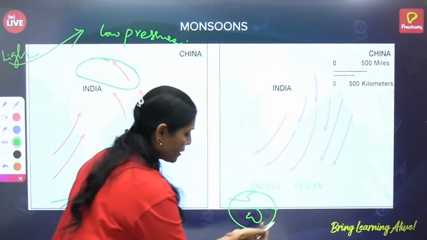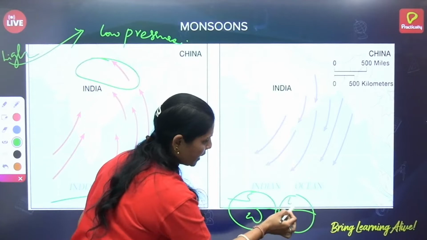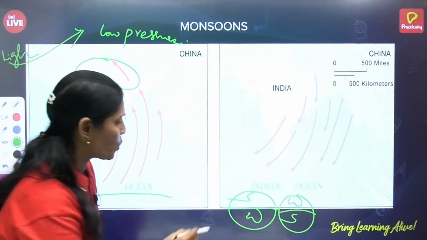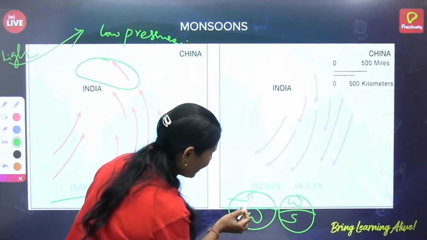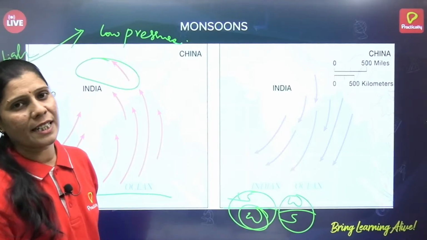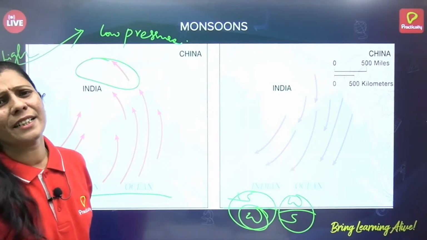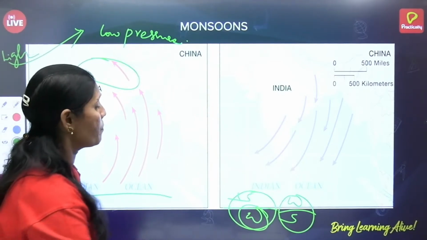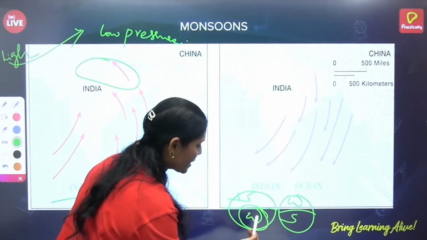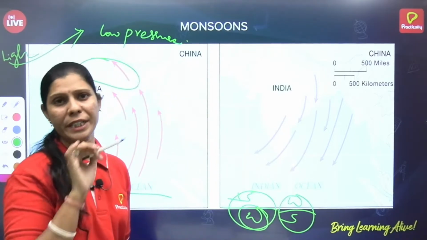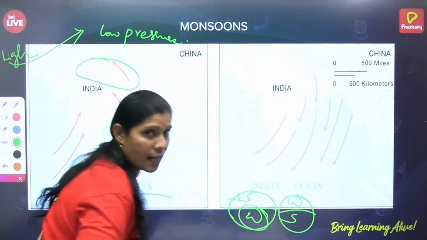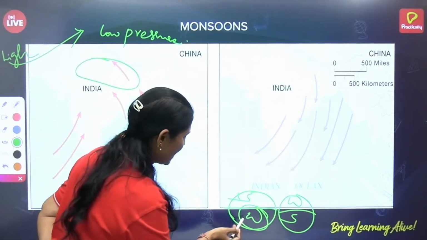So when there is summer in India, the southern hemisphere, like Madagascar near Africa, and Australia, experience winter. Due to this winter in the southern areas, high pressure will be created.